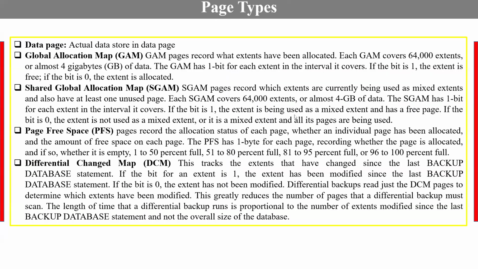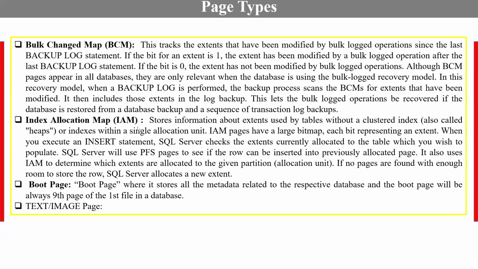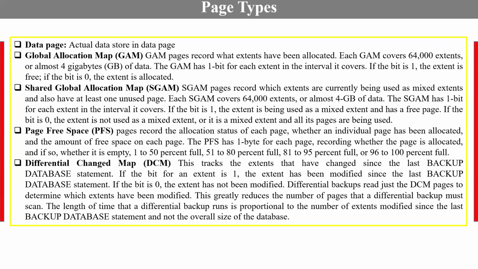So we are having different types of pages. Database, GAM page, SGAM, PFS, DCM, BCM, IAM, boot page, text and image page. So almost we are having 10 varieties of pages. Out of this, one is very important, sir.